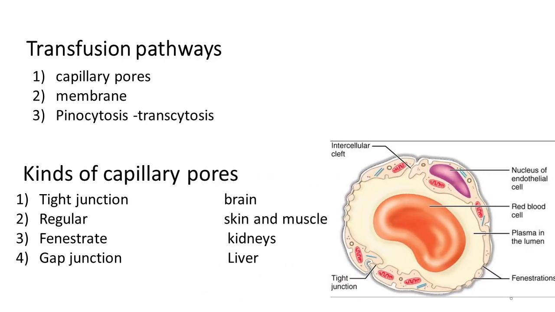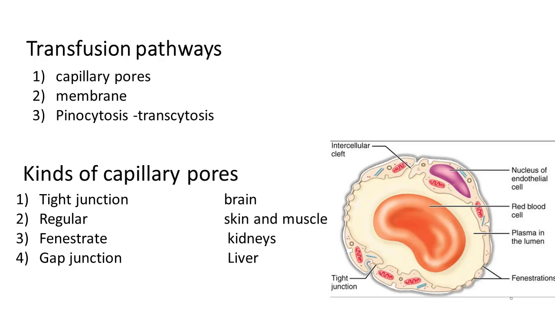Also, transfusion pathways between blood and interstitial fluid might be through capillary pores. We have some pores or fenestrates on the endothelial cells of capillaries, so these pores can transfuse nutrient molecules to the interstitial fluid. The membrane of the endothelial cell is another way to transfuse molecules, especially gases, by simple diffusion.